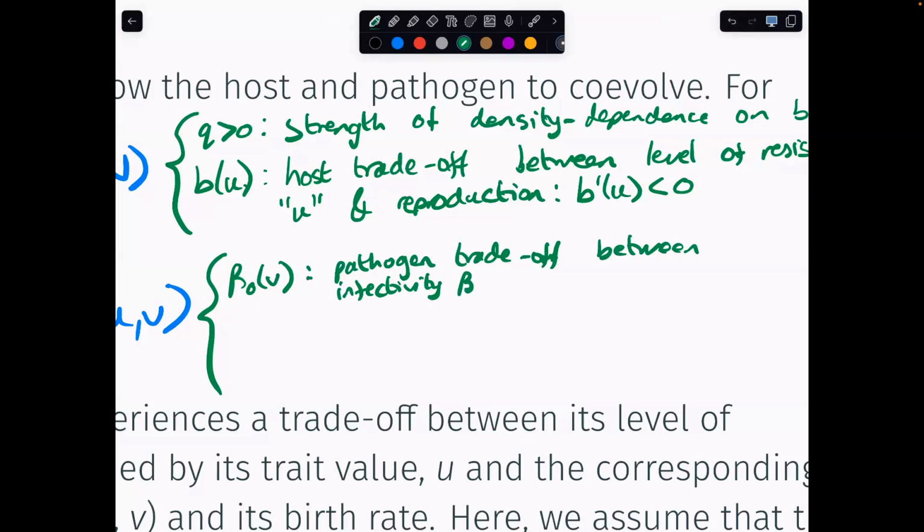It's infectivity, or let's call it something different actually. Let's call it its transmission, and we can avoid it. Let's call it between transmission. So how transmissible it is. Beta naught of V. And its specificity. We'll talk a little bit more about specificity in a moment.